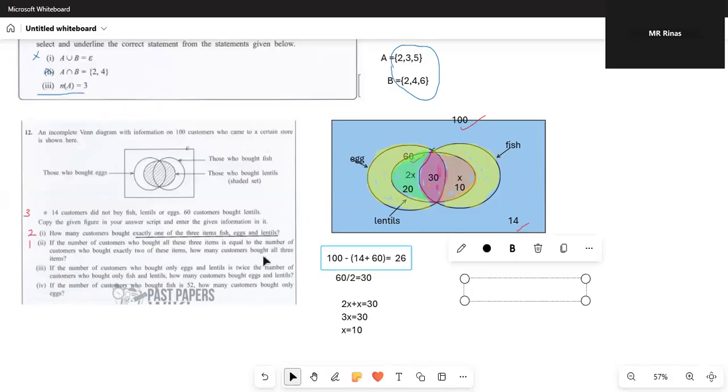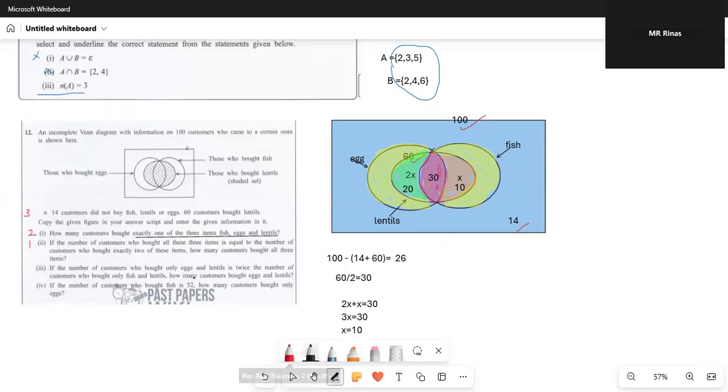So for the third question, you want to find how many customers bought egg and lentil. In the question they told only egg and lentil. Only egg and lentil we have 20, right? Likewise, only fish and lentil is 10.